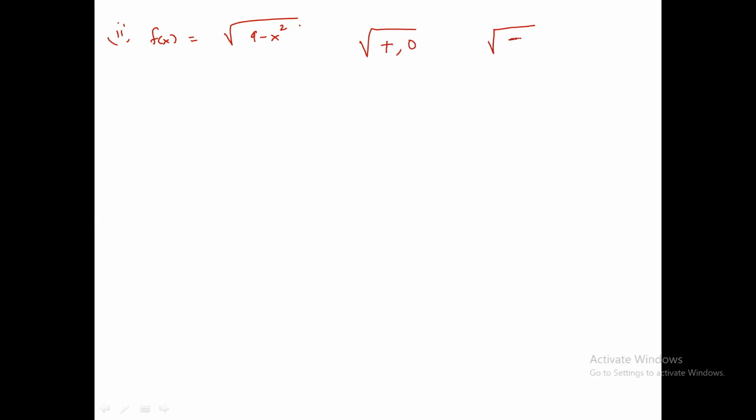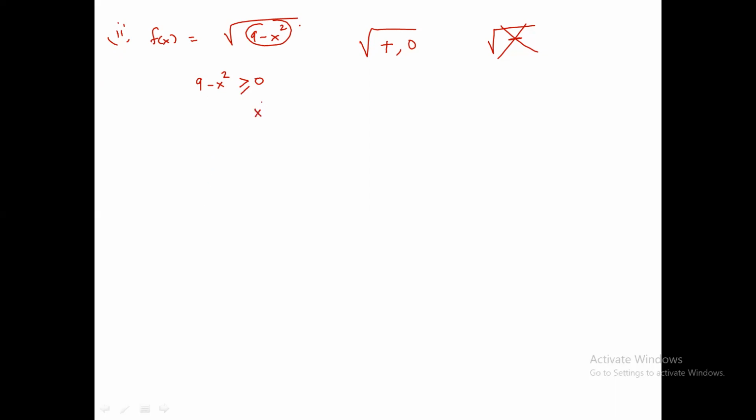Under the square root you can't have negative numbers. If you have negative numbers, you can't find the square root. That's why under the square root, 9 minus x squared should be either positive or it should be 0.